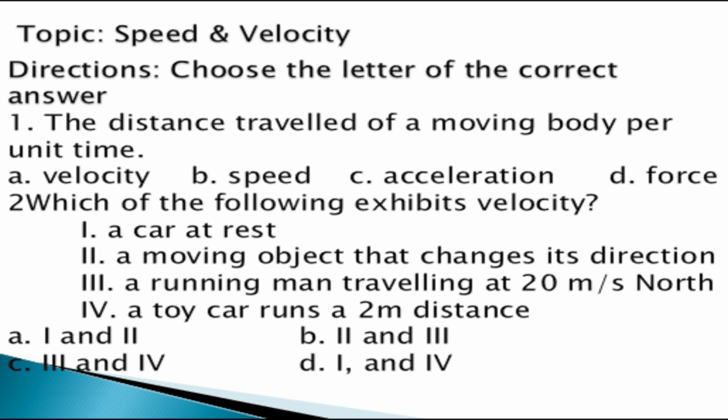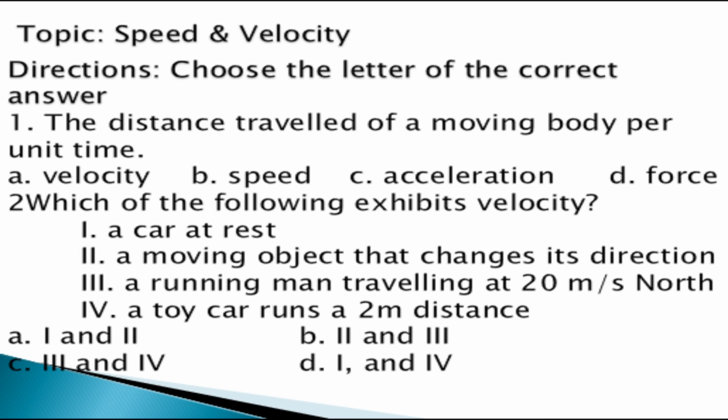Question number 2. Which of the following exhibits velocity? 1, a car at rest. 2, a moving object that changes its direction. 3, a running man traveling at 20 meters per second north.